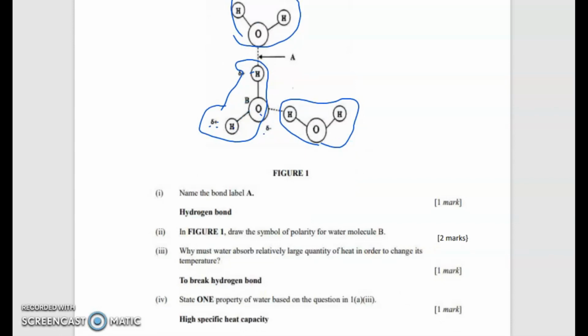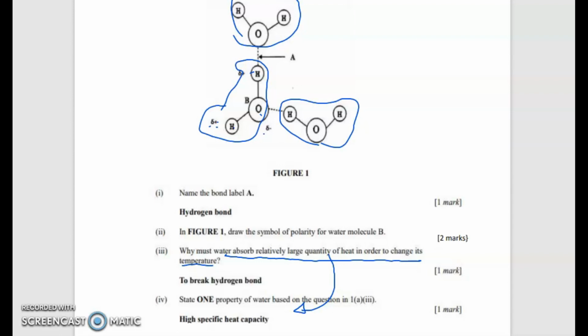Next, state one property of water based on the question in 1A3. So 1A3 is about water absorbing a relatively large quantity of heat in order to change its temperature. This is actually related to high specific heat capacity. Water has high specific heat capacity.